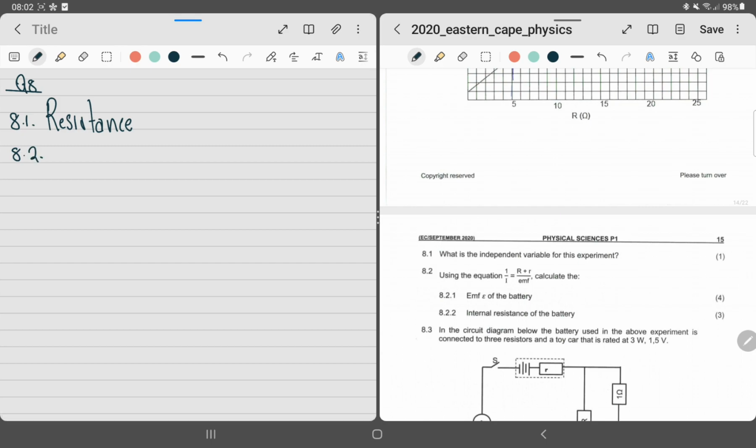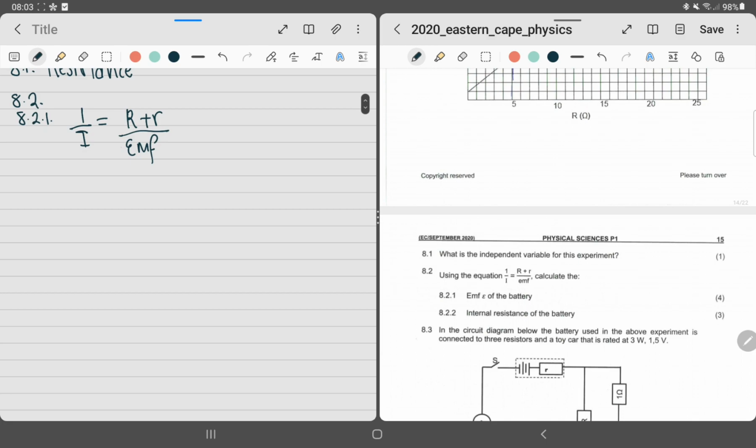8.2. Using the equation from 8.2.1, calculate the EMF of the battery. So we are given 1 over I equals R plus r all over the EMF. Let's rearrange this. So this should be 1 over the EMF multiplied by resistance plus 1 over the EMF multiplied by r.